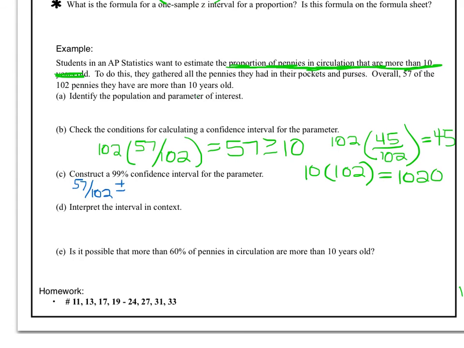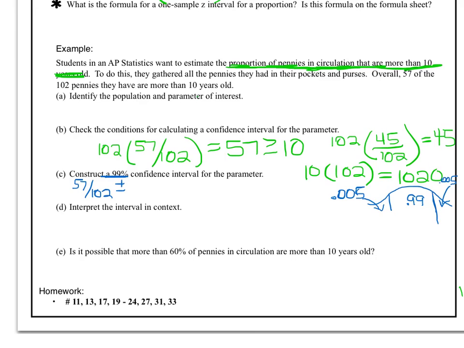So I would, with a 99% confidence level, that's the middle 99%. Which means that this right here has to be 0.5%, so 0.005.